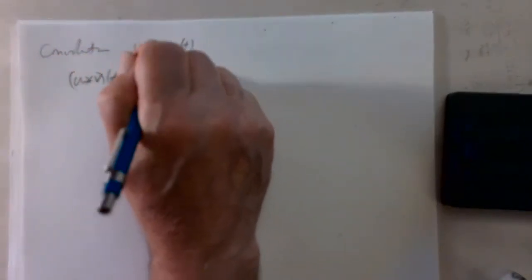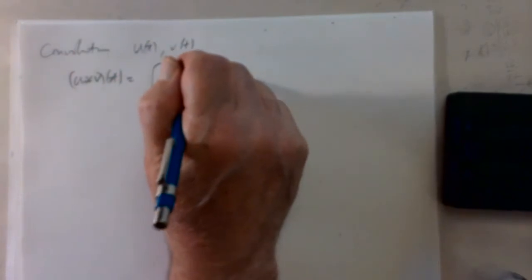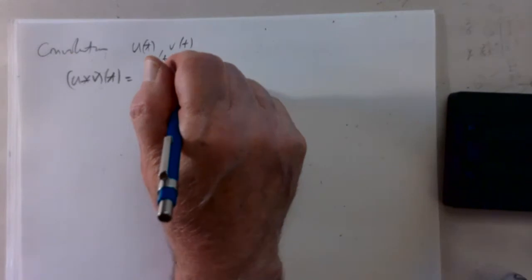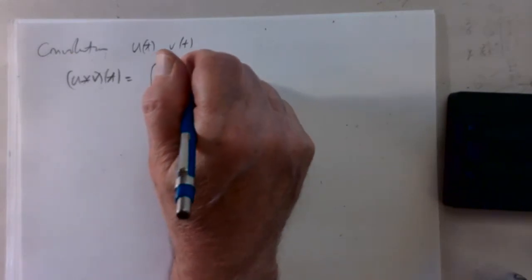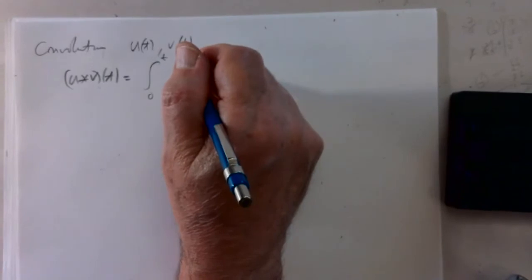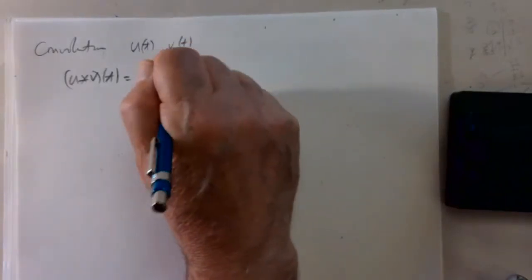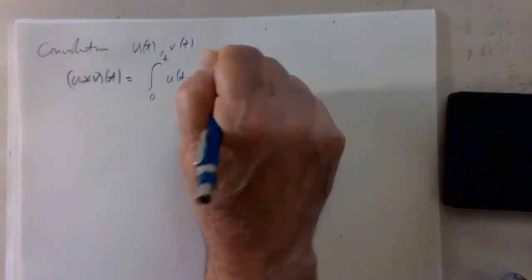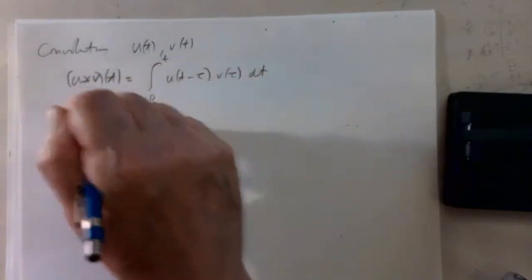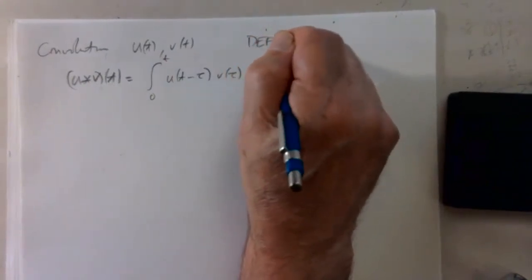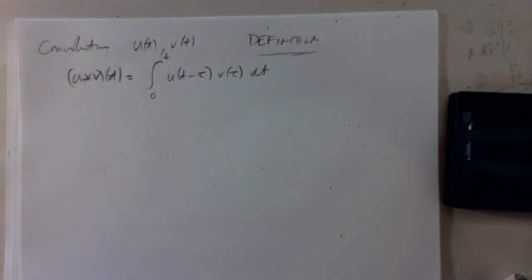It's the integral from 0 to t, and then you can choose your favorite dummy variable. So the text, that is Logan's text, uses tau, u of t minus tau v of tau d tau. So this is the definition of the convolution of two functions.